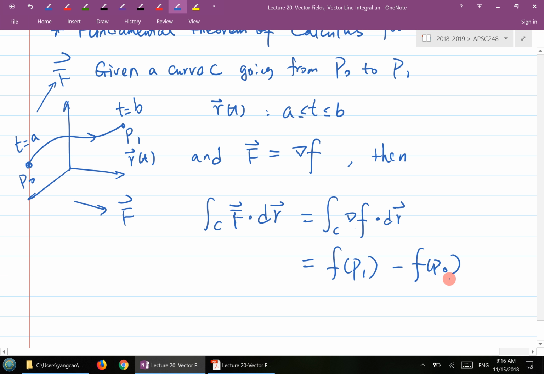You see the similarity with the fundamental theorem of calculus, right? The fundamental theorem of calculus is the antiderivative at b minus the antiderivative at a. Here it is the potential function f at P1 minus the potential function's value at P0.